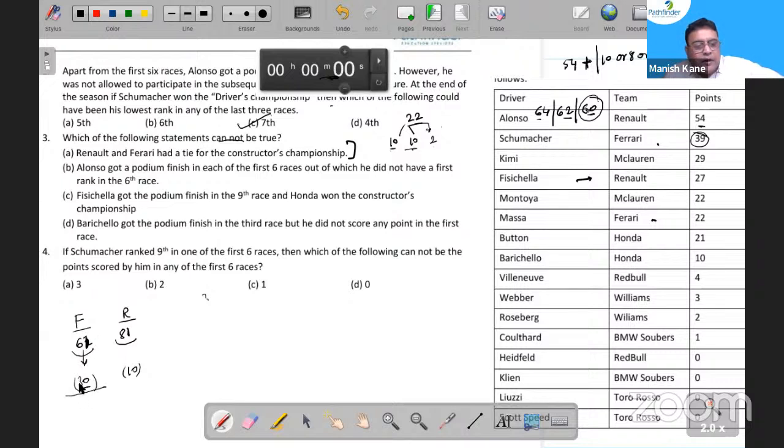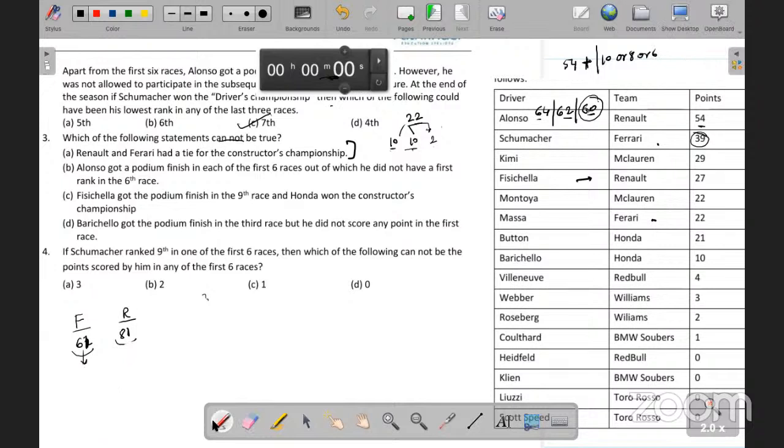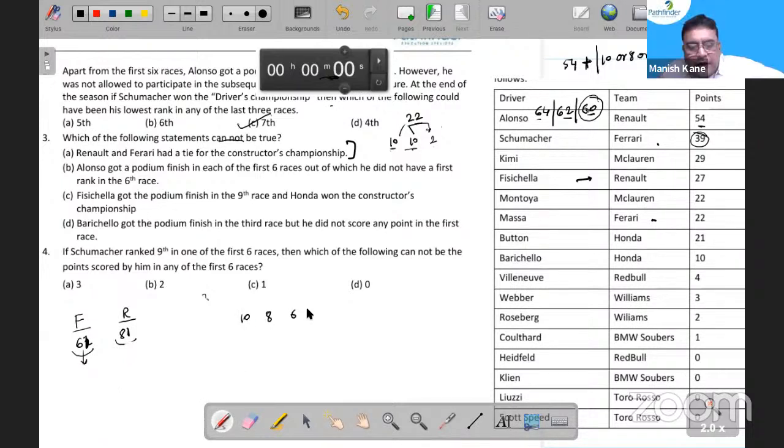Because I want a difference of 20. So can we obtain a total of 30? Can Ferrari obtain a total of 30 in the last 3 matches? Are you getting the point? See, all you need to do is, there are 2 of your drivers who are scoring 10, 8, 6, 5, 4, 3, 2, or 1 points.